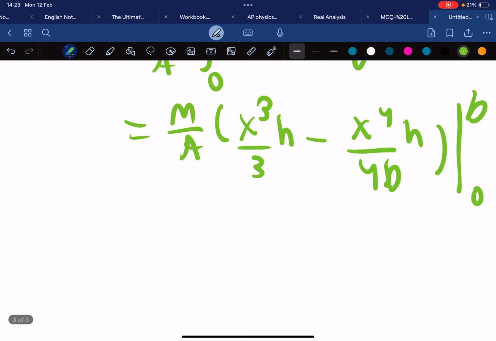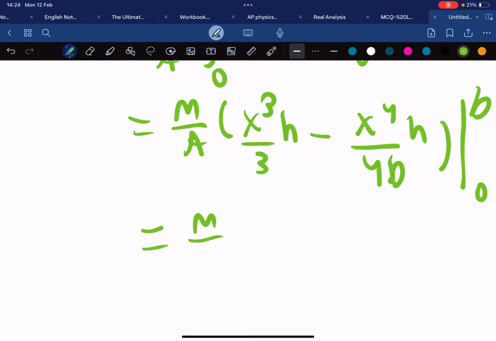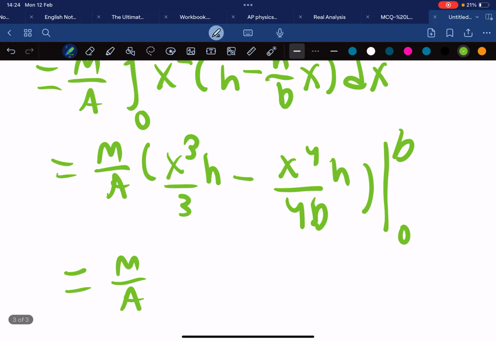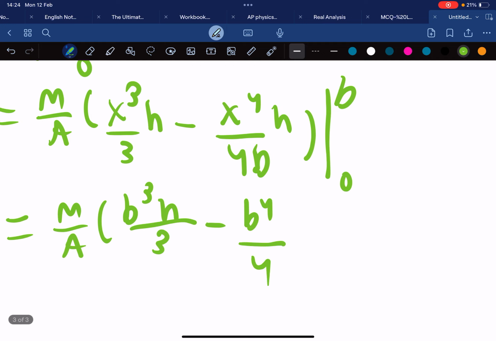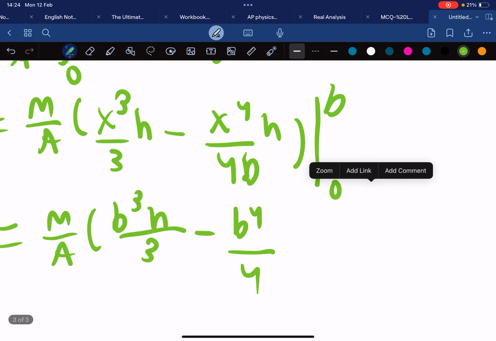Now we can substitute b in, and the b cancels with one factor, giving b cubed h over 3 minus b cubed h over 4.